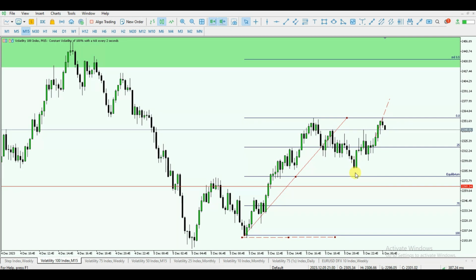So price can trade from this point, it can trade all the way back below this, and sweep these lows resting below this, come into this equilibrium level, either trade back into this area and even sweep these fair value gaps resting here, this internal liquidity on the 15 minutes time frame.